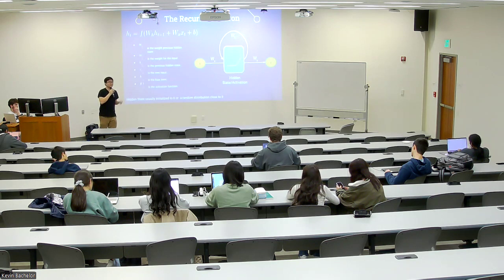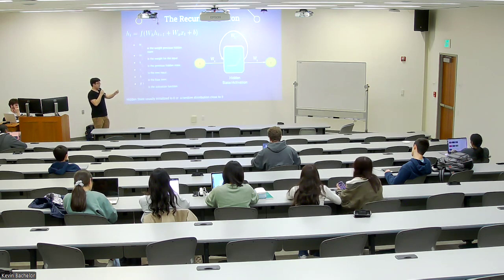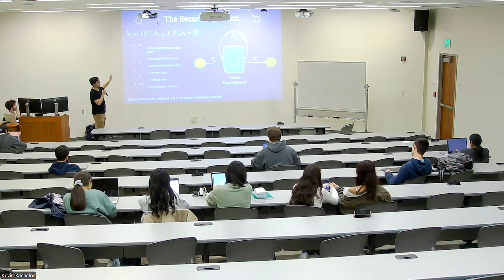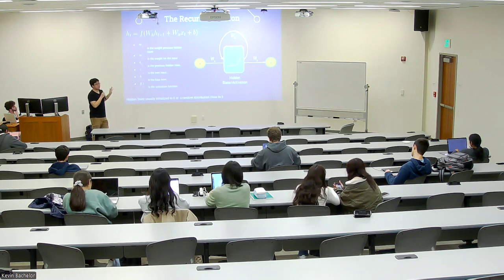Here's the math for it. If you want to look more closely at the math, I know some people need the math to visualize it better. So what we have here is W times H. That's, as I said, the weights for the hidden state times the hidden state of the previous time step, which is T minus 1, plus WX, which is for the input, times the input at the current time step, plus bias.